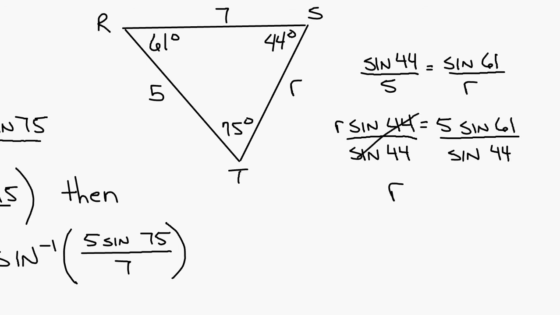And your r is equal to, this becomes a calculator problem. 5 times 61 sine. Make sure you push equals. Divided by 44 sine and push equals. And we're rounding it to the nearest tenth, so 6.3. So there's your side R.